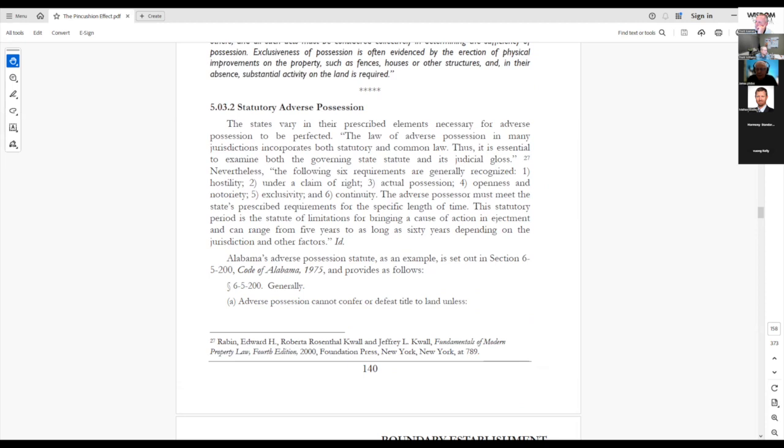It was a terrible decision in my estimation, and so it robbed the value of an accurate survey, because you can make a case for adverse possession in about 50% of the boundary litigation that goes on in our state now.